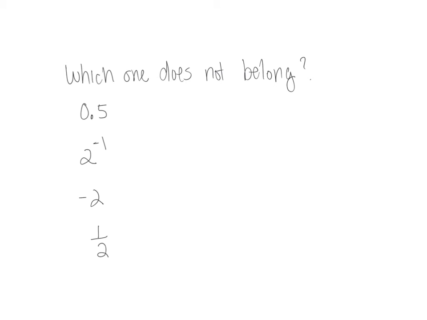And then this last problem, which is actually the first one on your paper, says which one does not belong. So if we look at this here, we have 0.5, which we should recognize, this here and this here, we just have the decimal and the fraction equivalent. And then what we see with this particular one is 2 to the negative 1.